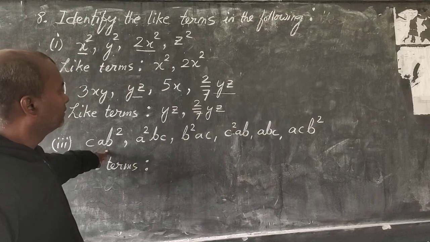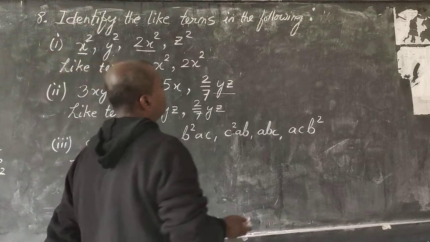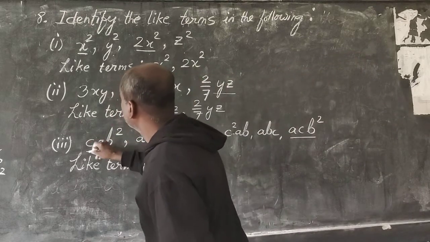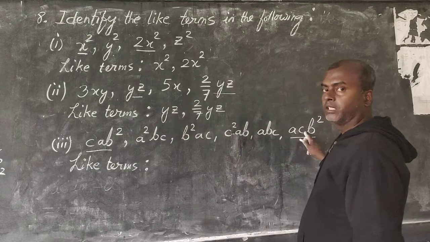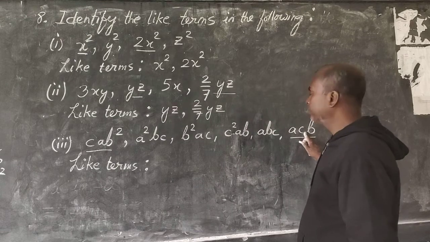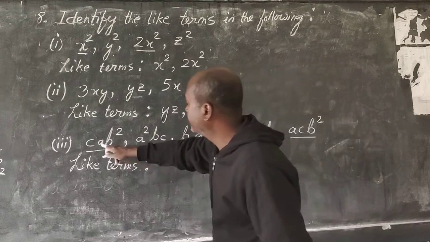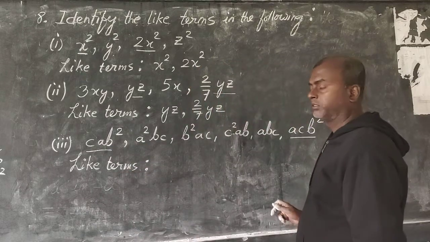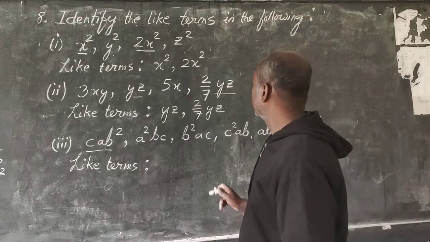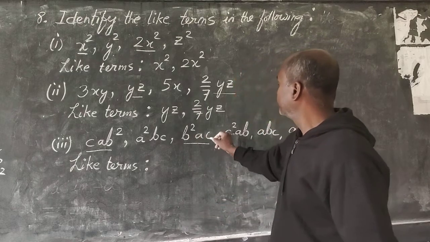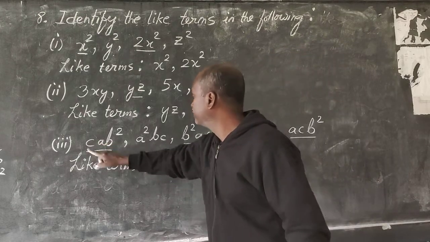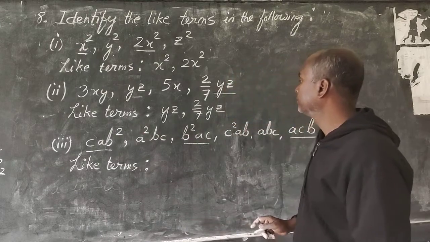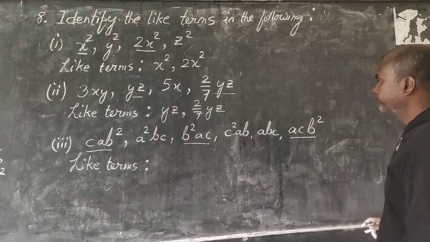C A B square. Check out this one. C, even though the places are different, that doesn't matter. A is there, A is there. B square, B square. Similarly here also, C is there, C is there, A, B square, B square. And rest of them?